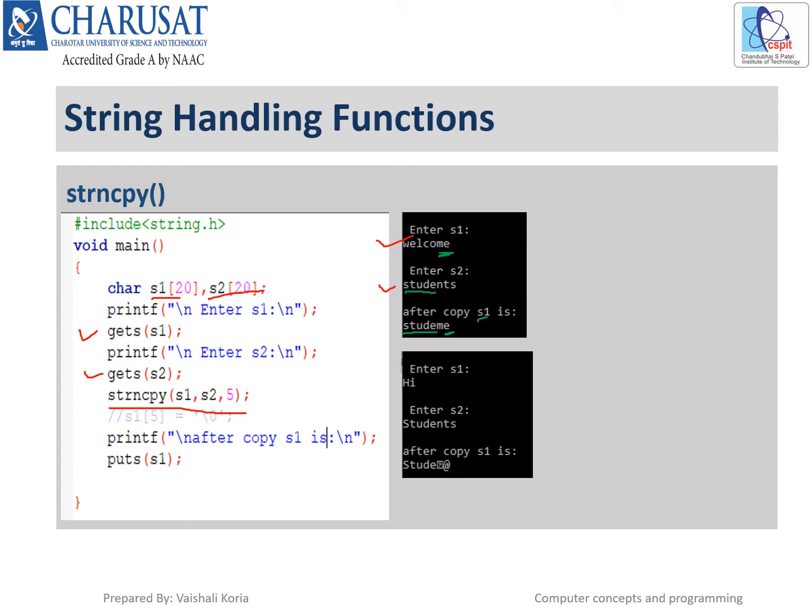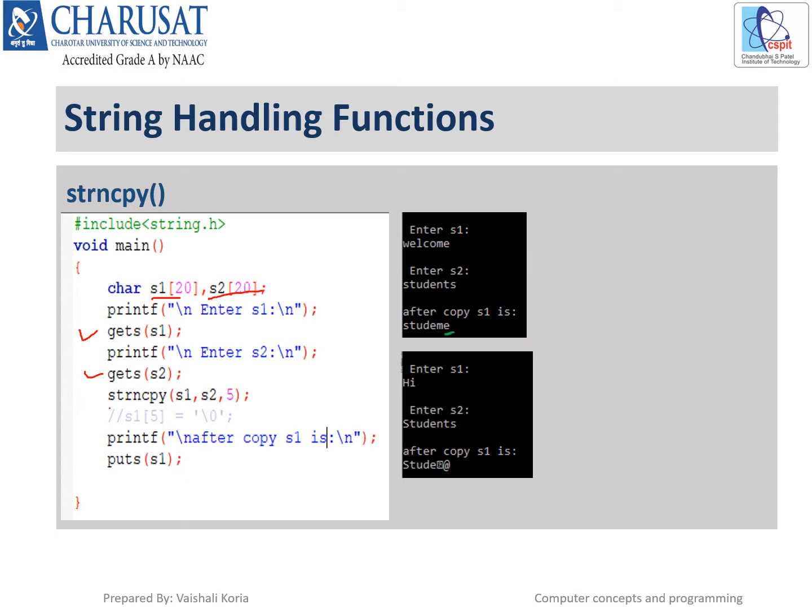Okay, so after calling this function, if you print the value of the s1 string, it will be like this: "studeme". First five characters of s2 and the remaining characters are of s1. Okay, now we will check the next output.